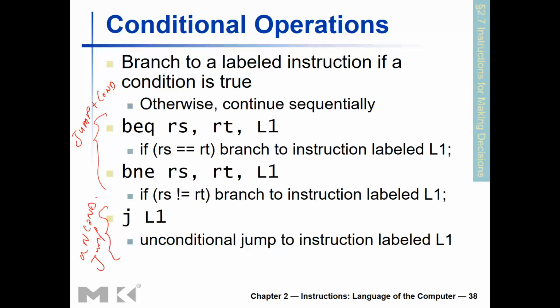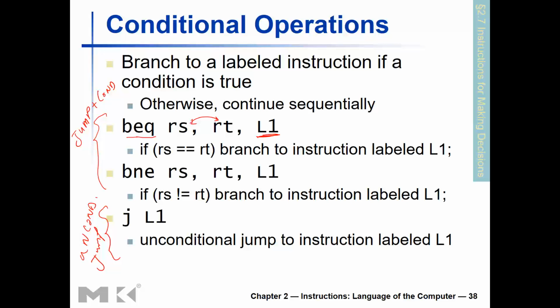So we have two branch instructions. BEQ, branch if equal, checks the equality of two registers, RS and RT, and this could be T0, T1, S1, S0. If they are equal, we jump to a label L1.